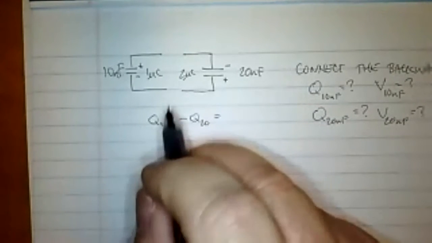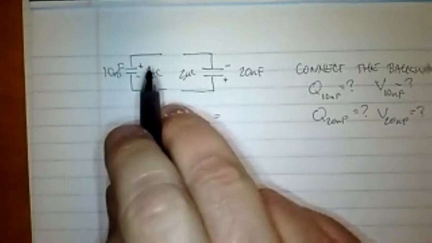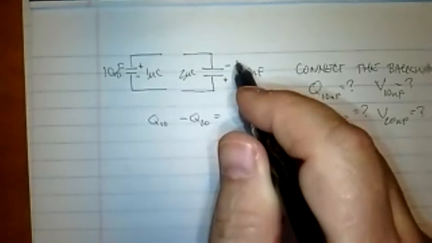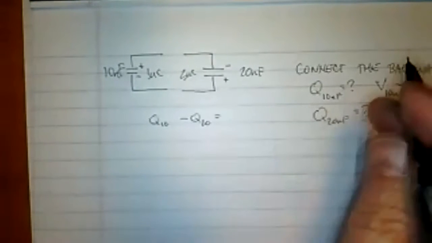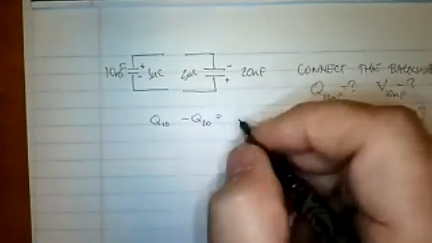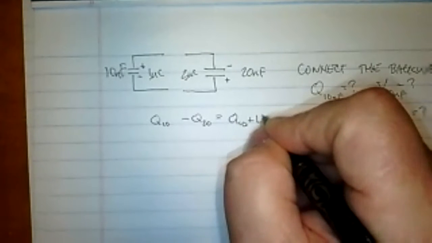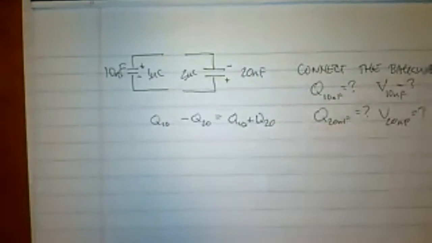What's going to happen here is the 1 microcoulomb and the 2 microcoulombs are going to compare to each other, and they're basically going to equilibrate out so that you get the sum of those two, Q10 plus Q20. So that's our problem. And we're going to look at what happens to the voltage.